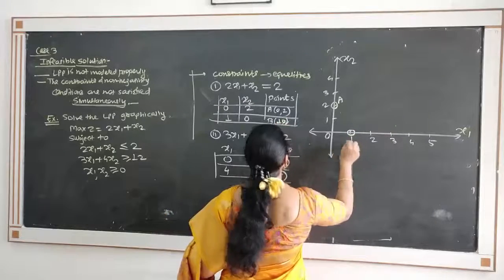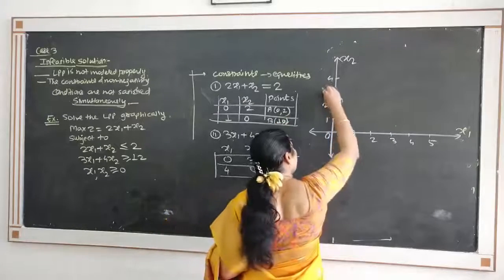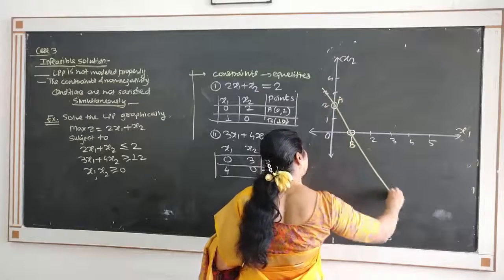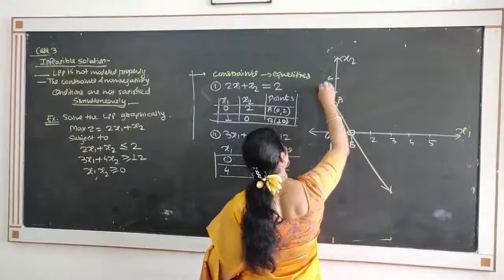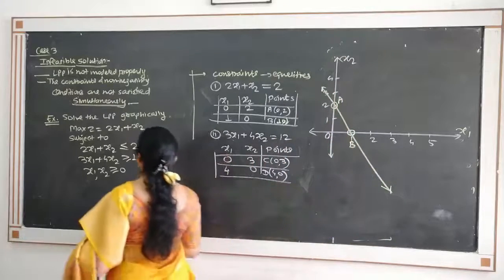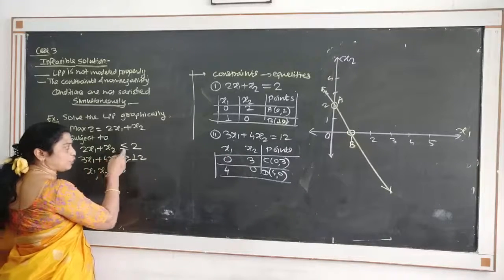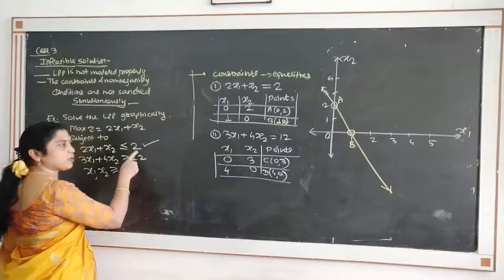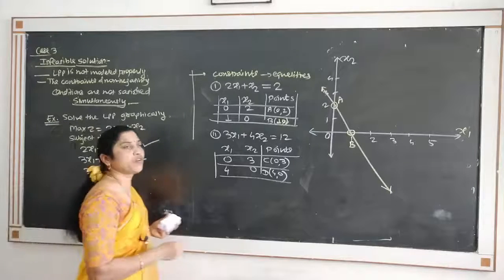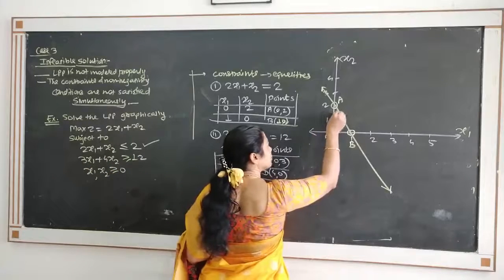The B point is 1, 0, we join the line AB. Which region is required? If you put 0, 0, 0 is less than 2, so the origin satisfies this inequality, so we require the origin side of the region.